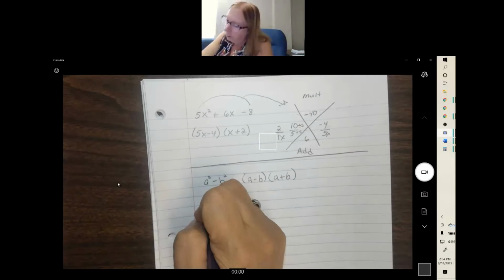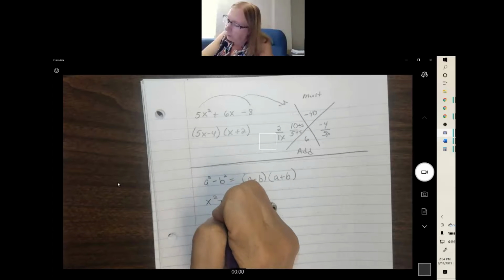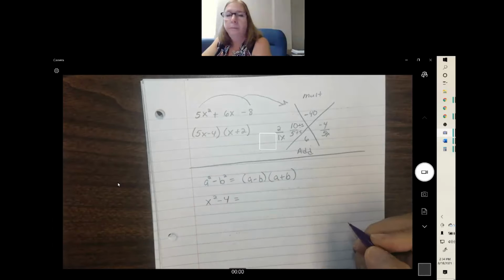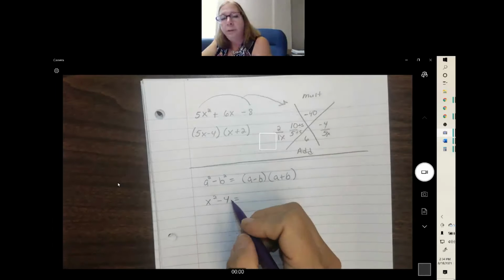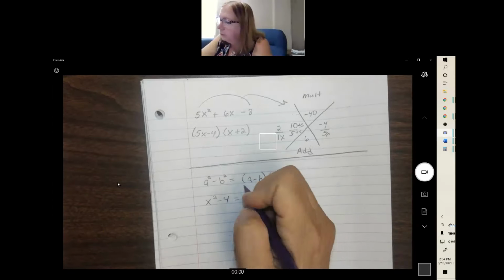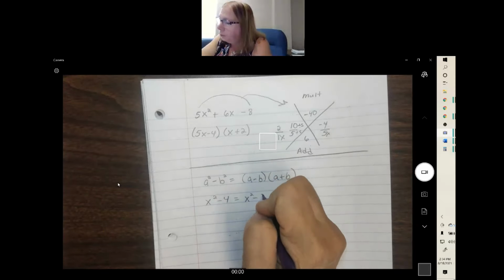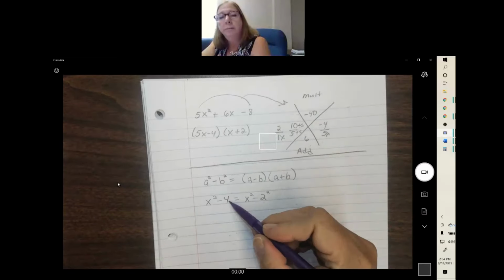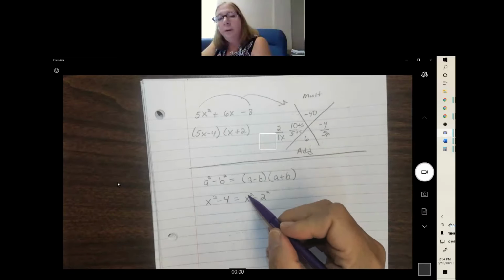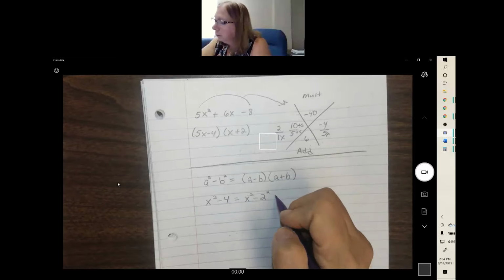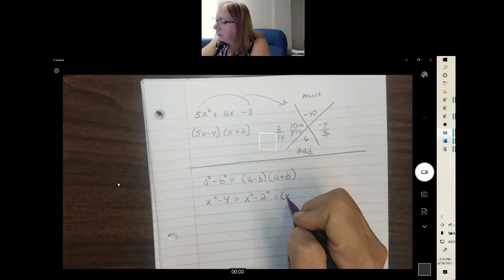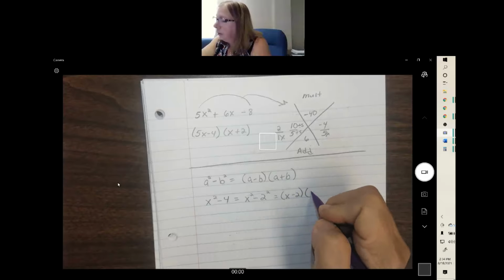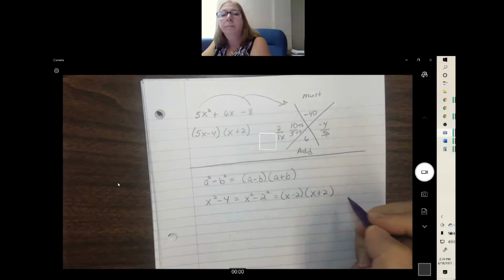We had x squared minus 4. 4 is a perfect square. What that means is we can write it as 2 squared. So 2 squared is 4, and we can drop off our squares, and it's x minus 2, and then its conjugate, x plus 2.